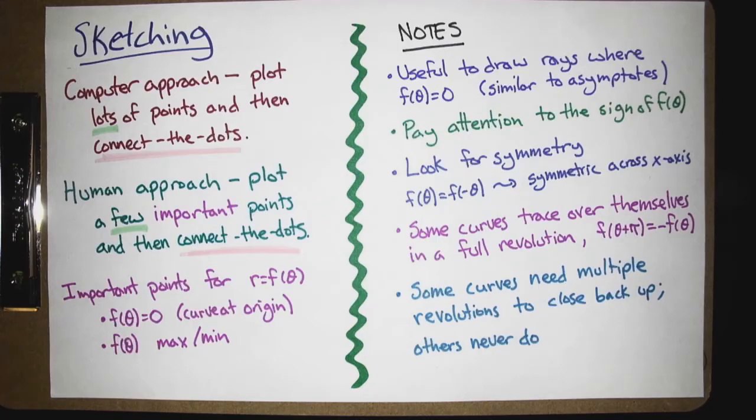Well, there's the computer approach, which is to connect the dots. Then there's the human approach, which is to connect the dots. You're like, oh, so we're basically computers. No, we're smart computers. See, a computer says, I'll just put 100 dots, and I'm not even going to pay attention to which are the interesting ones. I'll just put down 100 dots and connect them.